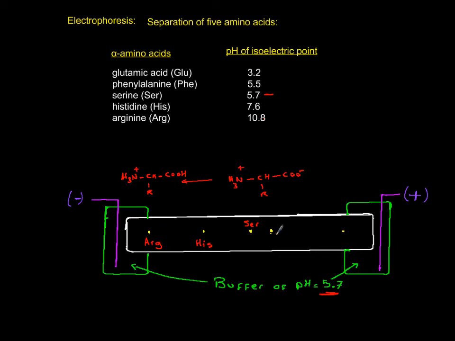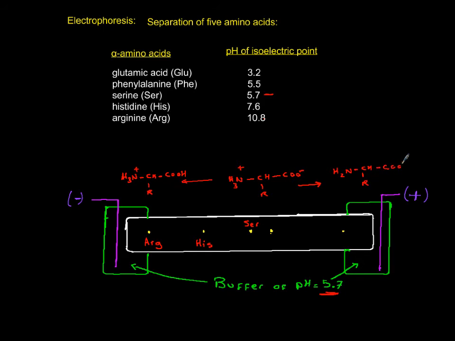Now if you look at the other two extremes, you see our buffer is basic compared to the isoelectric point of these amino acids. So in this case, the buffer behaves like a base, and you are going to take the H from the amino acid. So this side you're negatively charged.